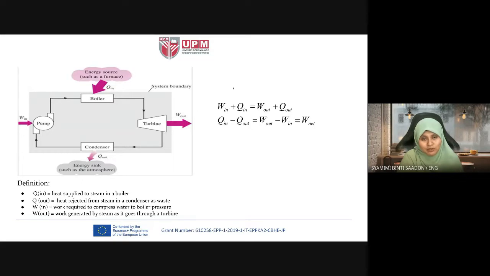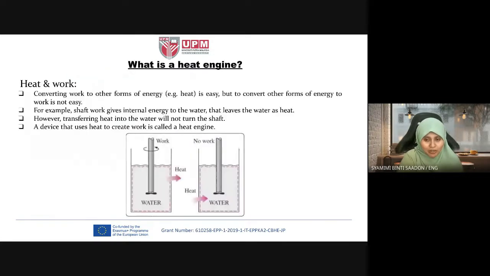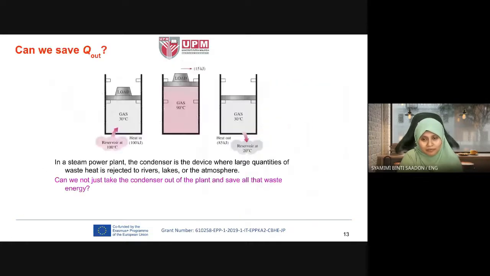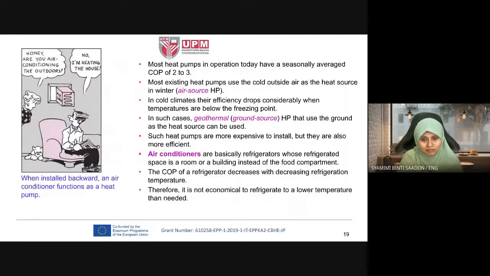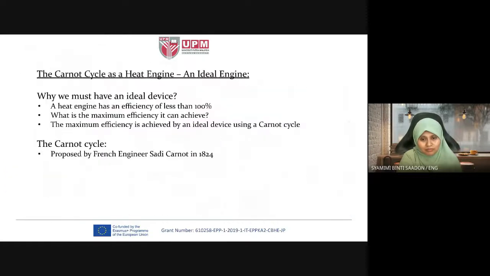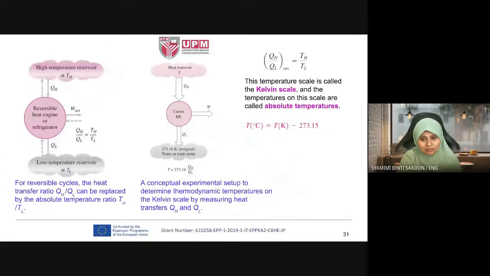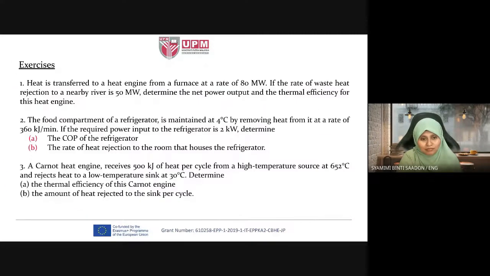So 30 megajoule directly, so it's easy. 80 minus 50 is 30 megawatt, megajoule per second, or megawatt power. So that is the net power output.